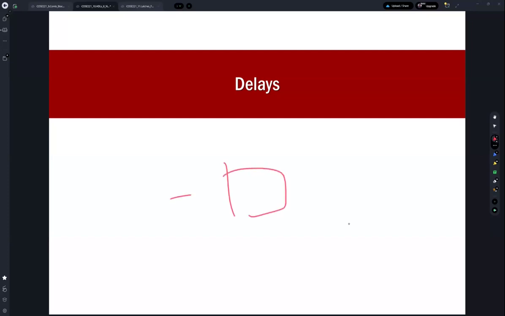Input is given, then output is generated, but after some time, right? Because the systems work in the real world, we need to consider the time. So we also need to consider the delays in our circuits or hardware, right? We can represent delays in SystemVerilog.